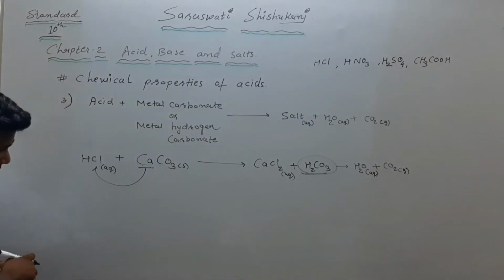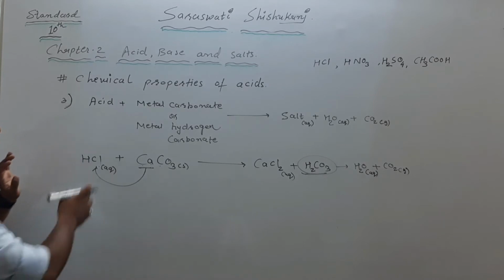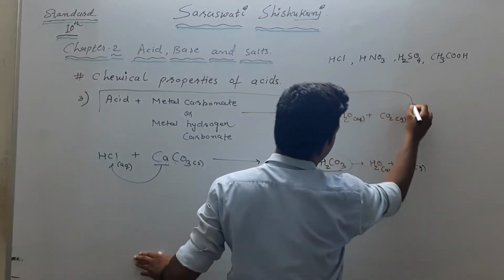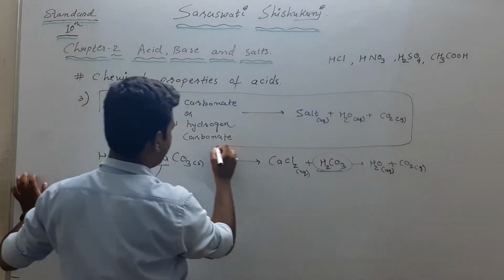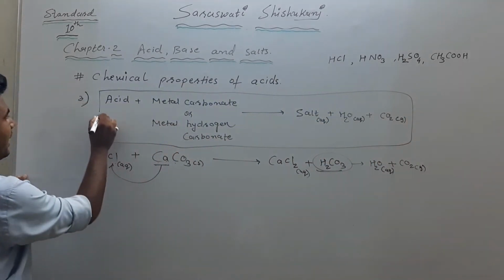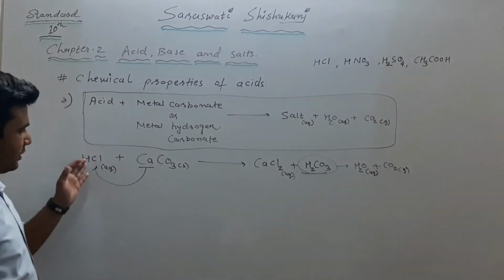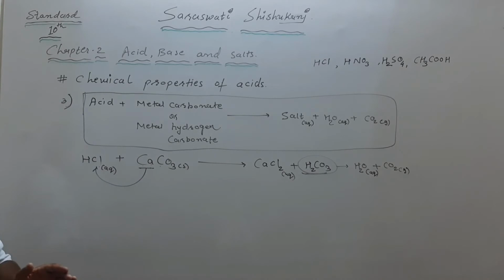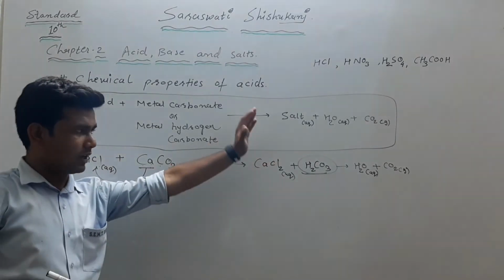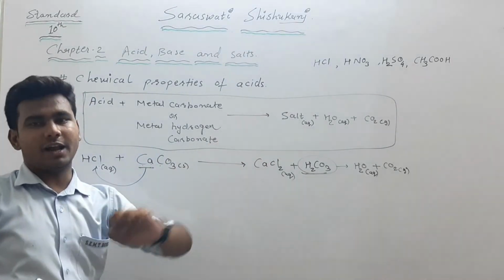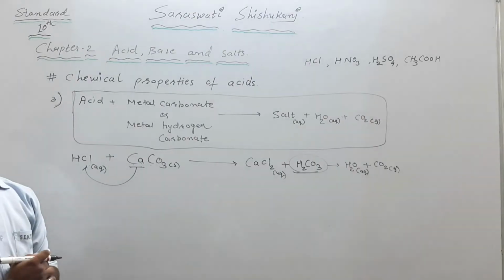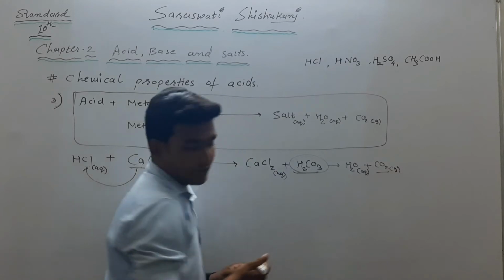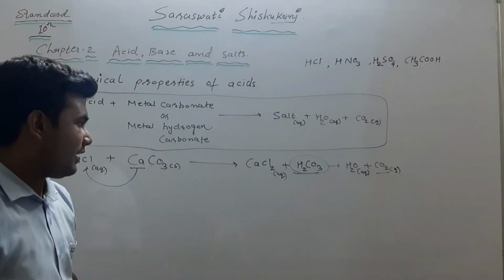Now, acid reacts with metal carbonate or bicarbonate to give salt, carbon dioxide and water. So if we use metal carbonate or metal bicarbonate, we will get the same products: salt, water and carbon dioxide. Now during this reaction, how can we check the carbon dioxide which is produced?